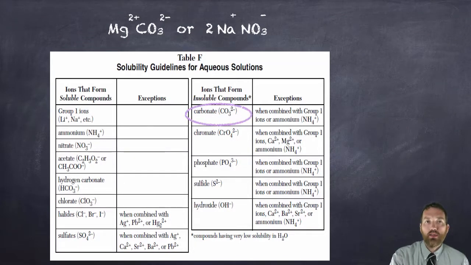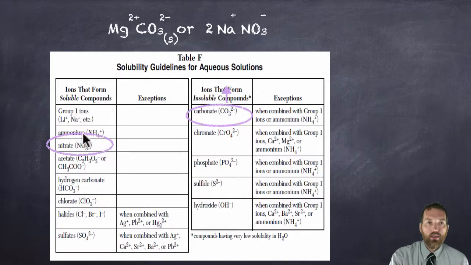We need to check to see if magnesium, our cation, is an exception. Magnesium is not a group 1 or ammonium, so we stay in the middle. It is insoluble, which means it is a solid. Just to make sure, we should double check that this one is soluble. So NO3, nitrate, find nitrate.